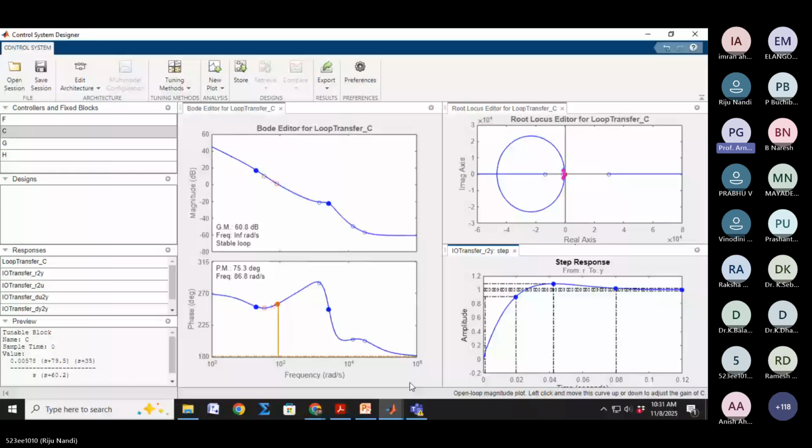Okay, and in the CISO tool, you can see it's a very good tool. If you change the pole and zero location, you can easily understand what the phase margin is, what your gain crossover frequency is, as well as the percentage of overshoot and rise time.